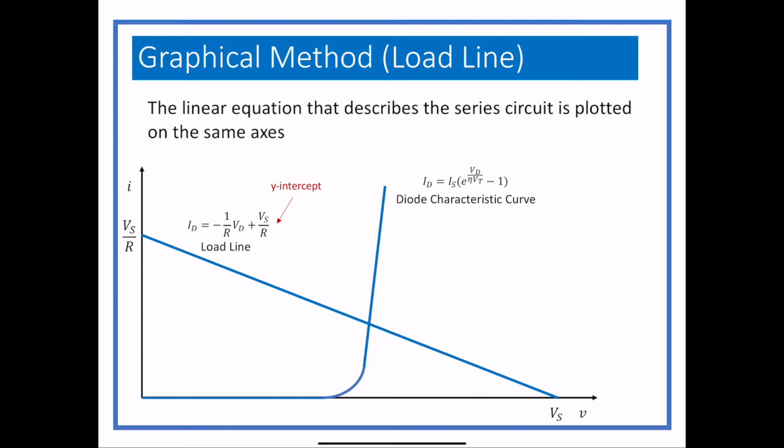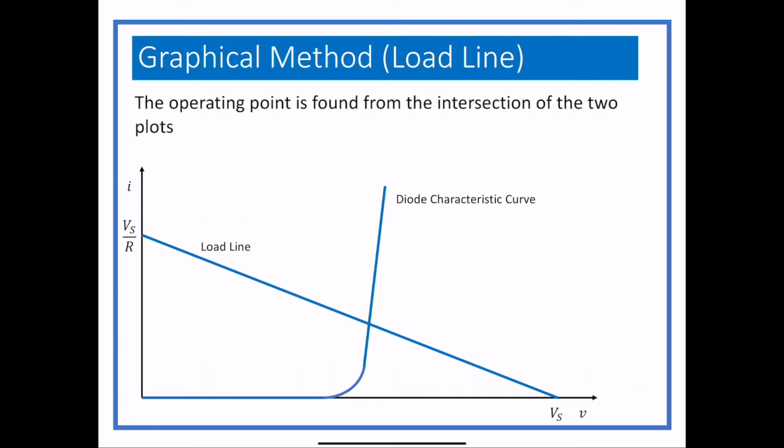And then we also can look at the slope of the line, which is minus 1 over R. We can determine that slope relatively easily if we know what the resistance of the circuit is. So we got those two graphed, and the intersection point is where the circuit is actually operating.